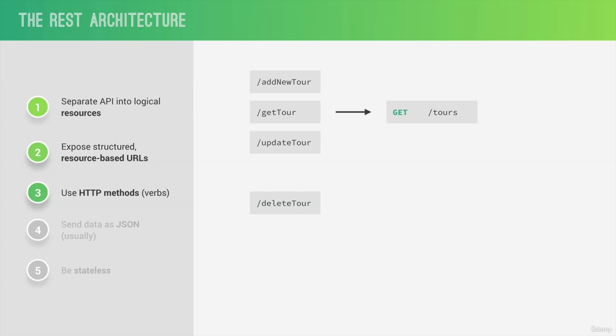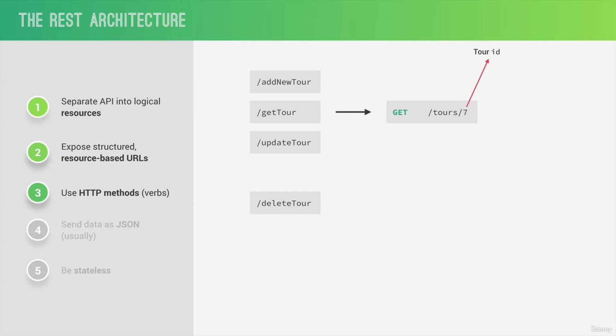Now, the convention is that when calling that endpoint, we get back all the tours that are in the database, okay? But if we only want the tour with one ID, let's say 7, we add that 7 after another slash or in a search query. Or it could also be the name of the tour instead of the ID, or some other unique identifier. The detail doesn't really matter at this point, alright?